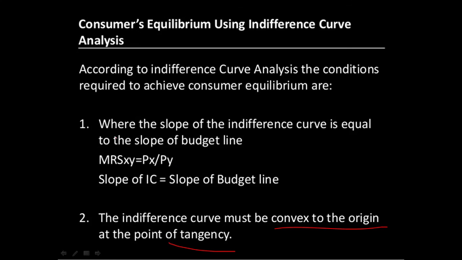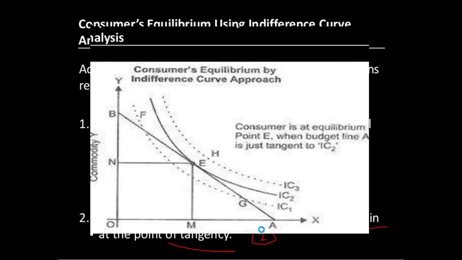So the first condition is where the slope of the indifference curve is equal to the slope of the budget line, that is, the marginal rate of substitution of commodity XY should be equal to the price of commodity X divided by the price of commodity Y, or the slope of IC must be equal to the slope of the budget line. This is the first condition. And second, the indifference curve must be convex to the origin. This is the second condition.